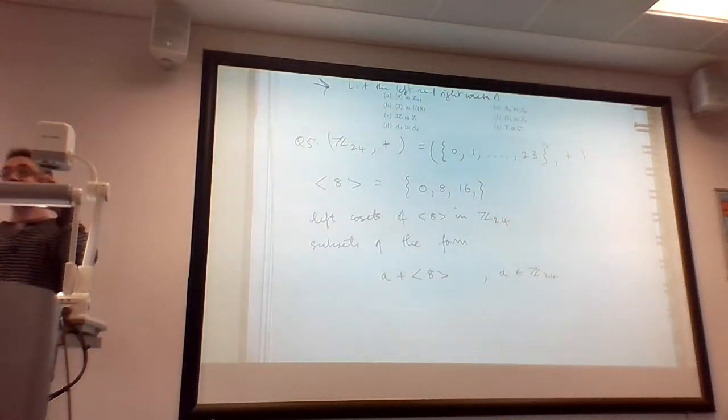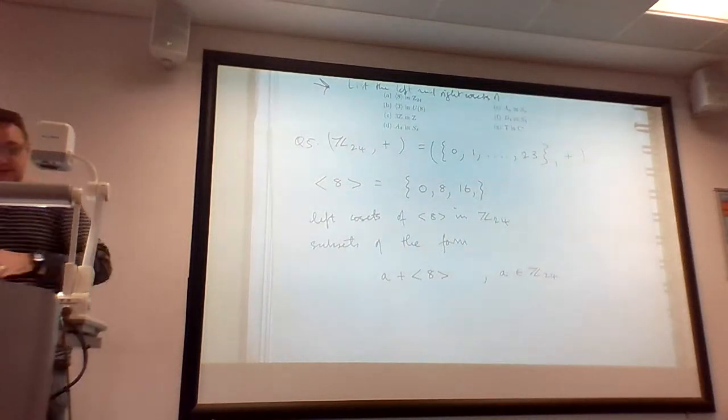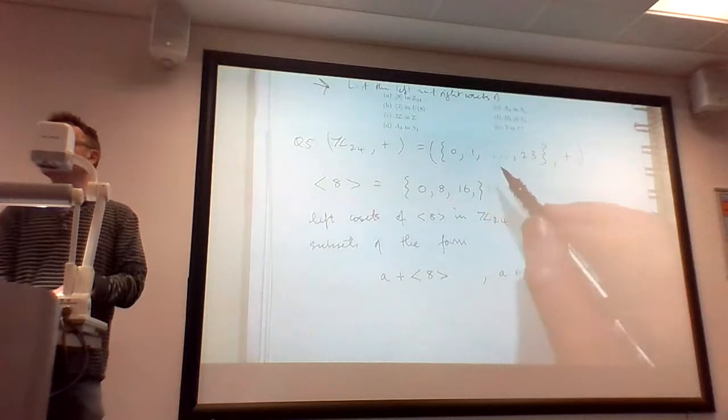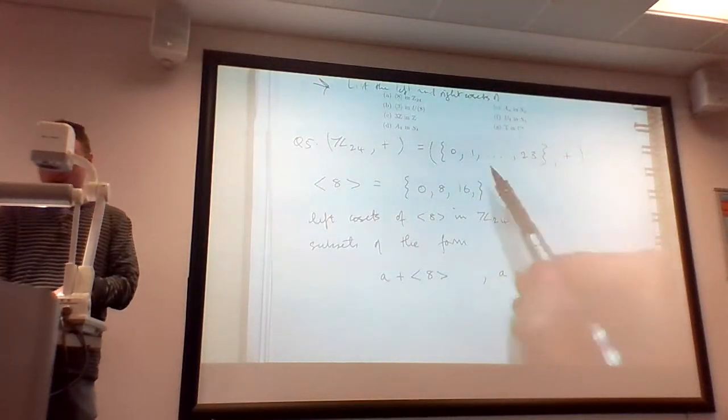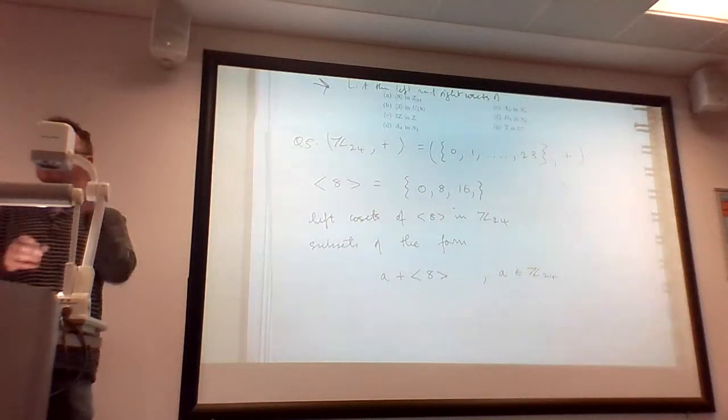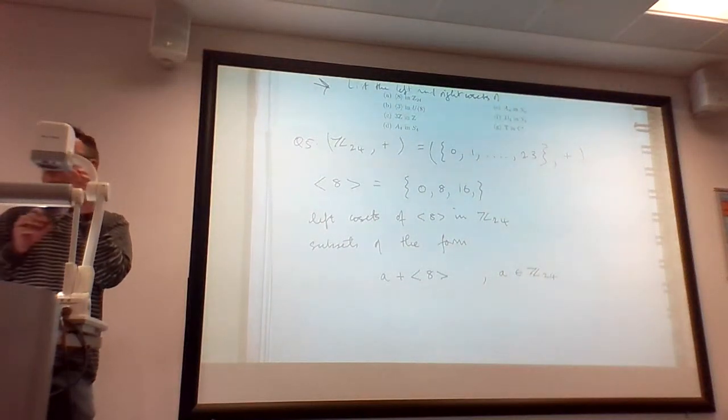So how many of them do we expect within Z24? 8. Yeah, because we've got a 24 element set, and we're going to partition it into cells with 3 elements each.